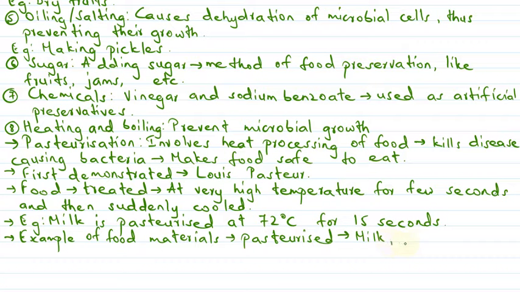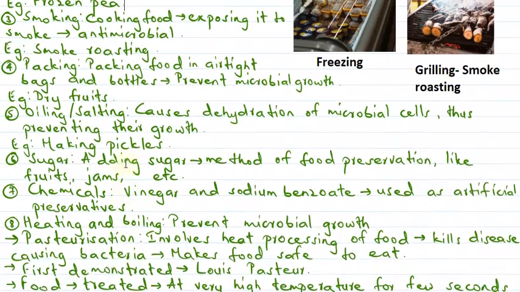Then canned drinks are pasteurized. Then cheese can also be pasteurized, etc. So these are some food materials that can be pasteurized. Now let's quickly revise everything that we have covered today.